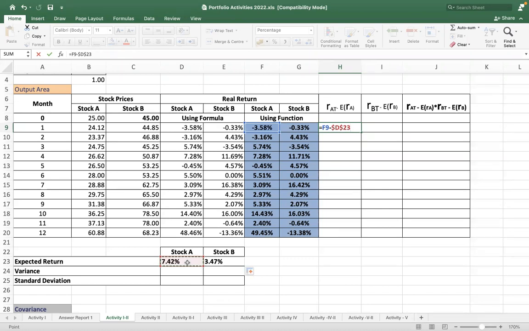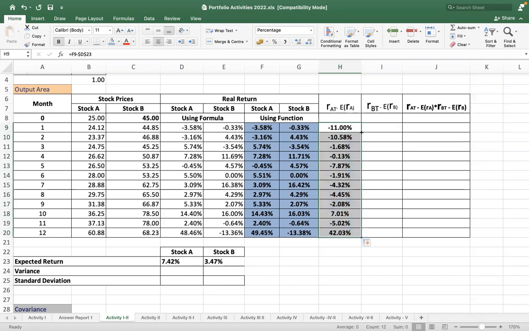We can fix it by using F4, it becomes an absolute cell. Then press enter. Then just drag it down, or else double click on it.